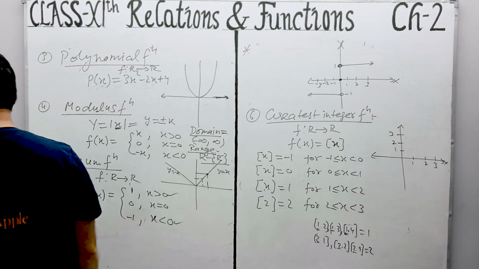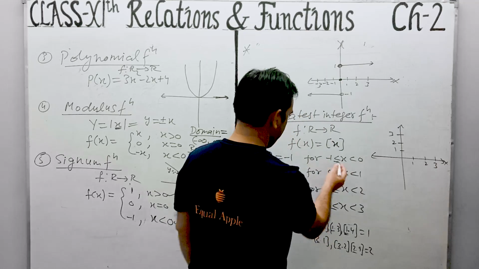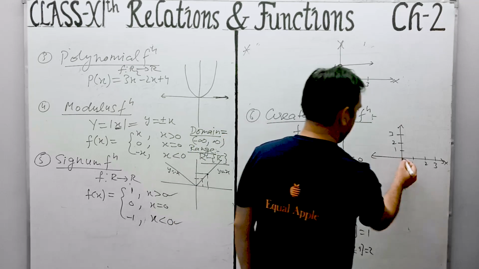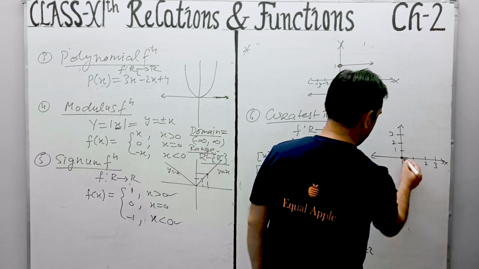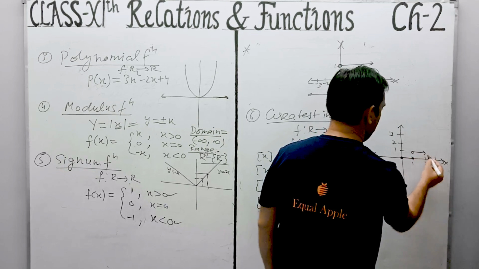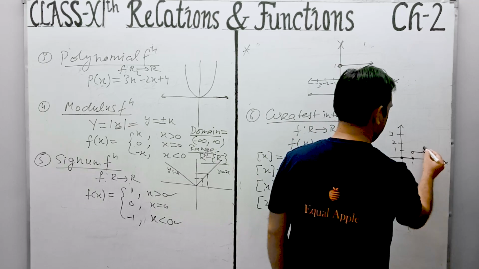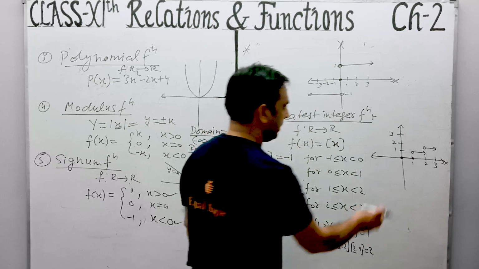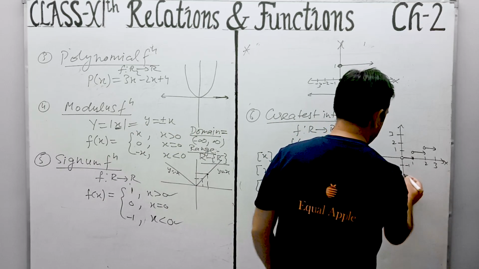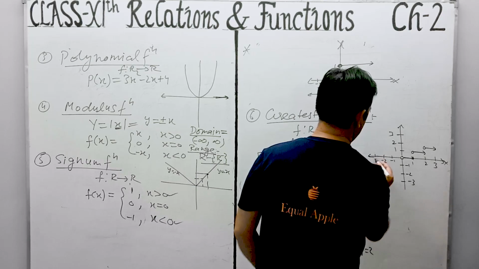In the graph of this function, for x from 0 to 1 the value of the greatest integer function is 0, from 1 to 2 the value of the function is 1, and from 2 to 3 the value is 2.